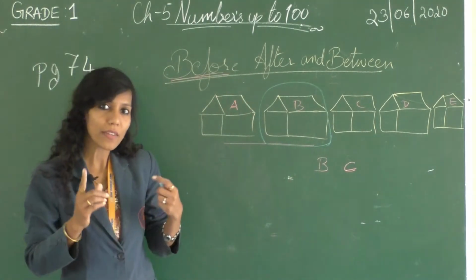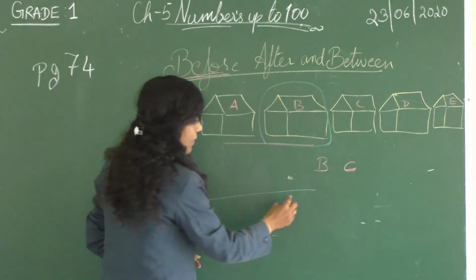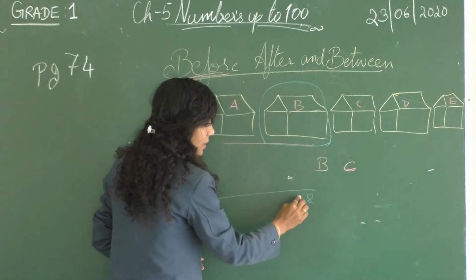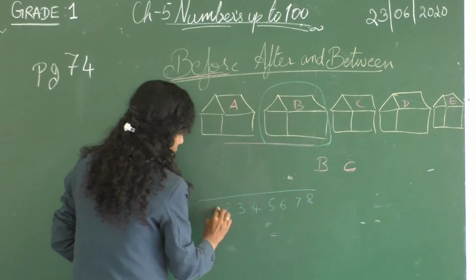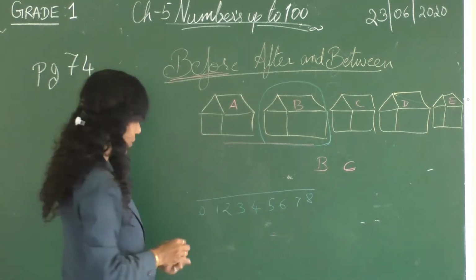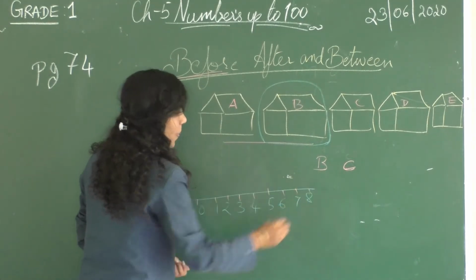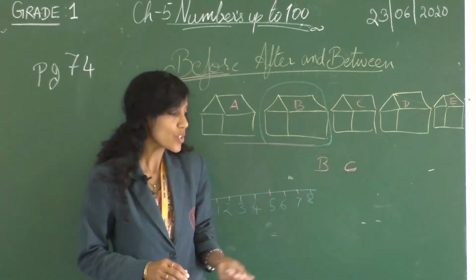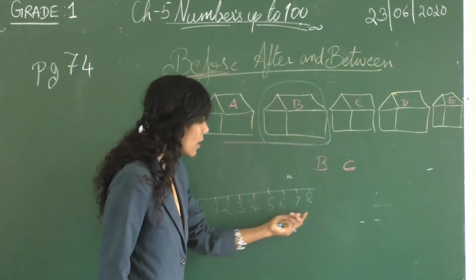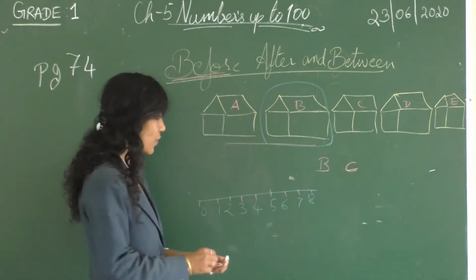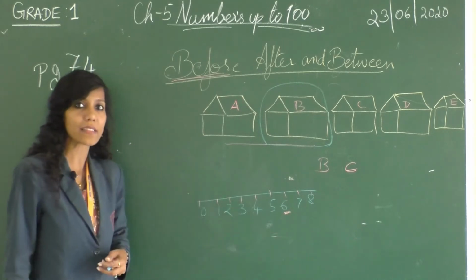Even in the number line, if you have numbers 8, 7, 6, 5, 4, 3, 2, 1, 0, when the question is which is the number which comes just before 7, it will be 6.